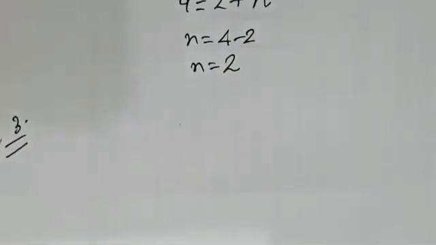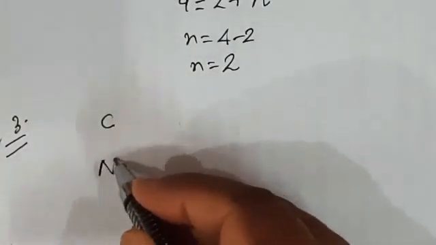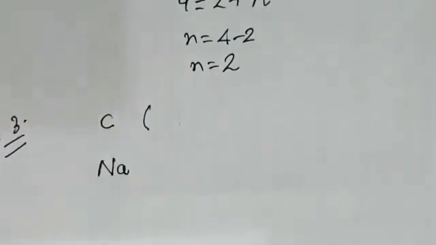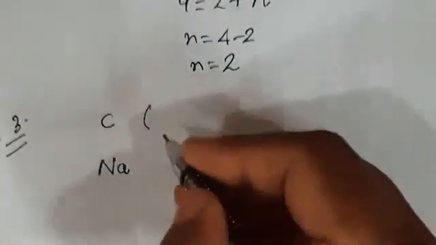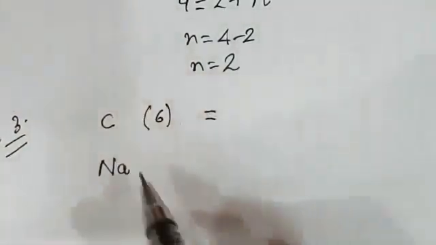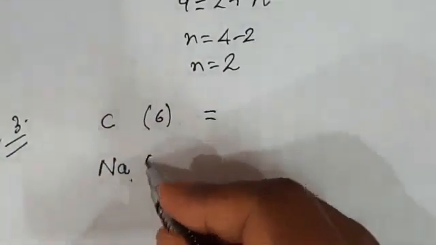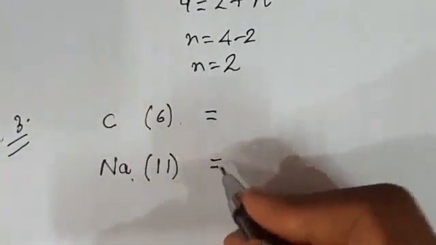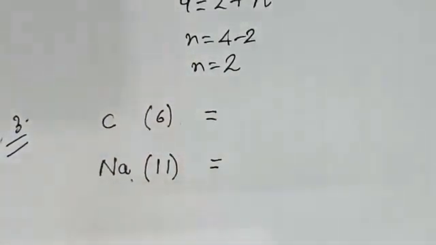Next question, write down the distribution of electrons in carbon and sodium atom. Carbon C, sodium Na. What is the atomic number of carbon? 6. And what is the atomic number of sodium? 11. So you have to write down the distribution of electrons.